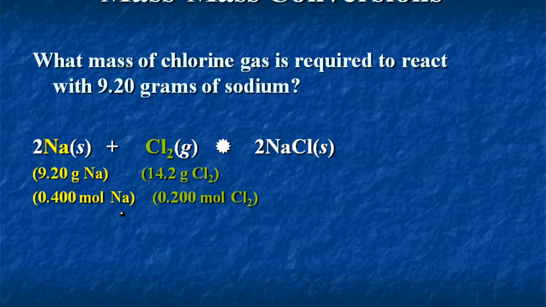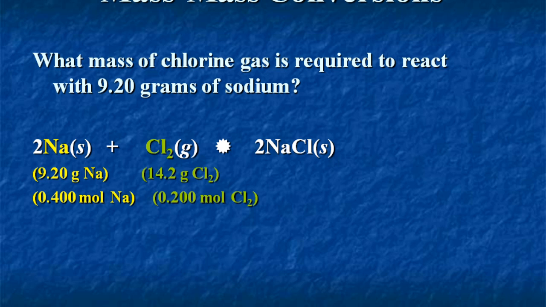Then using the mole ratio between sodium and chlorine, you find out how many moles of chlorine you require. The question was asking what mass of chlorine, so you converted the moles back to grams using the molar mass of chlorine. Okay? So it's the same concept from the previous section, except that instead of moles, it's mass now.